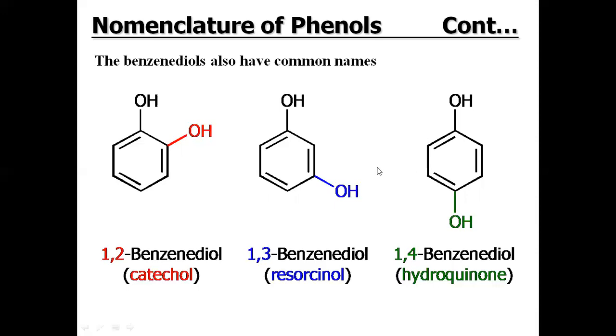Similarly, if we have a hydroxyl group at carbon number 3 corresponding to carbon number 1, we name it 1,3-benzenediol, which is known as resorcinol. And in the next example, if we have the hydroxyl group at the 4th position, it is known as 1,4-benzenediol, known as hydroquinone.